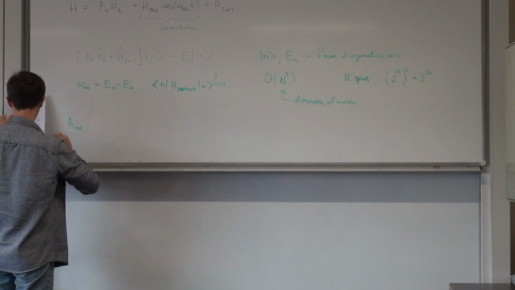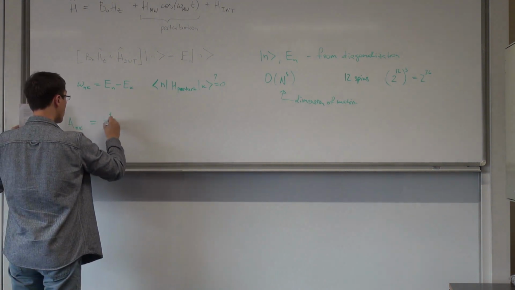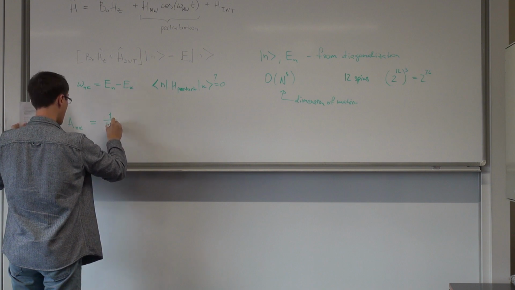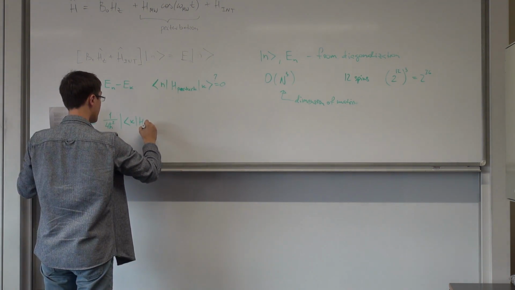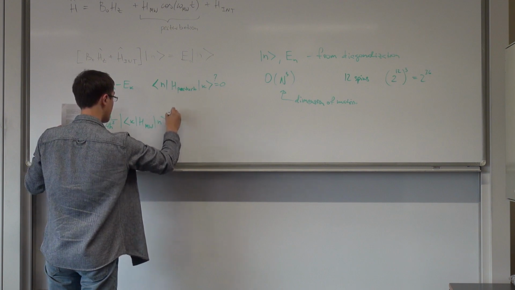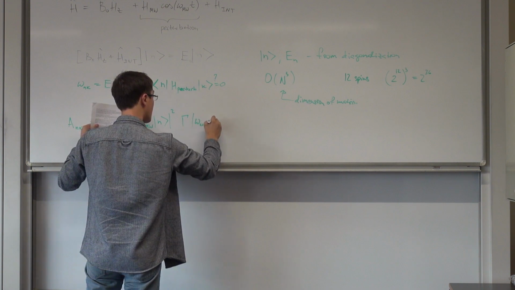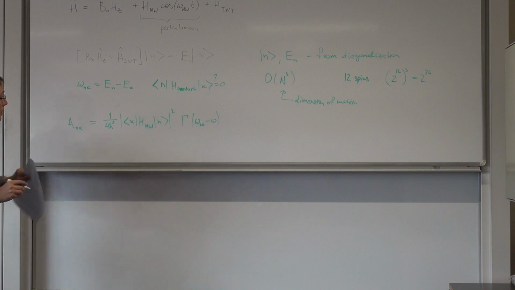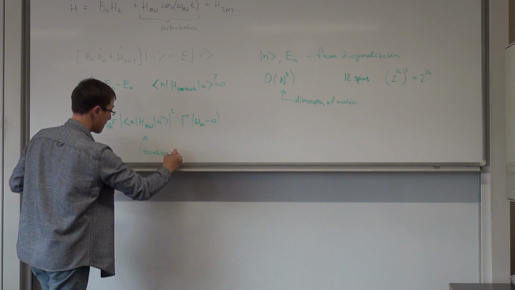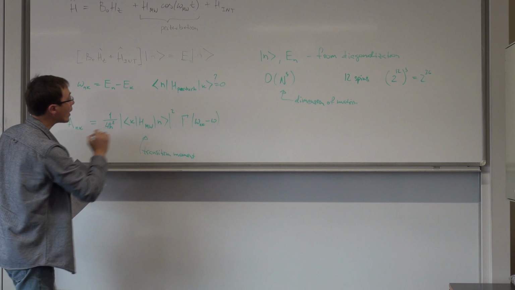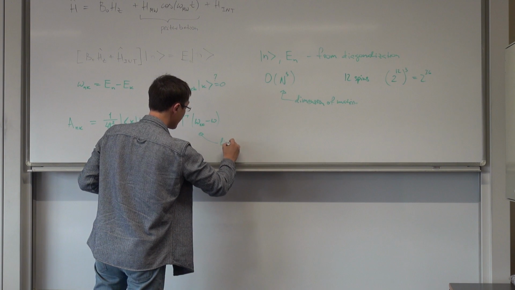The transition probability per unit time from level n to level k is 1 over 4ħ² times the modulus of ⟨k|H microwave|n⟩ absolute squared, times gamma of (ω_k minus ω), where the first factor is the so-called transition moment, so how well our perturbation connects the two energy levels, and gamma is the line width or line shape.